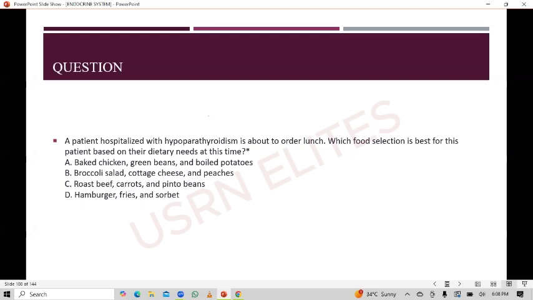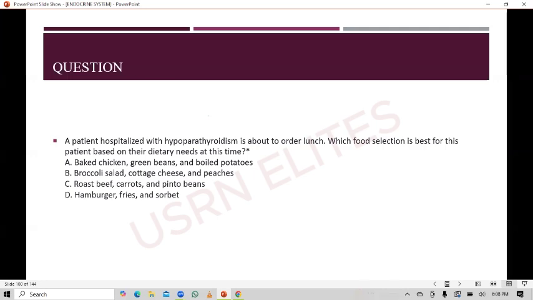So in hypoparathyroidism, the patient must eat what? A high calcium diet, yes. A vitamin D rich diet, a low phosphorus diet, a high magnesium diet. So let's pick them. B: broccoli salad, cottage cheese, and peaches.